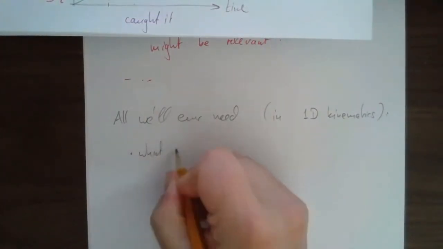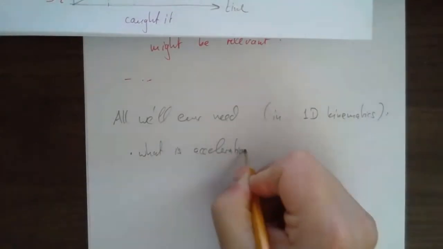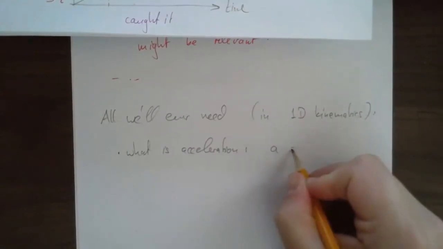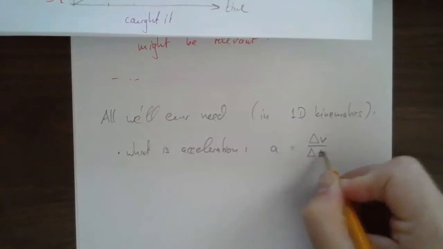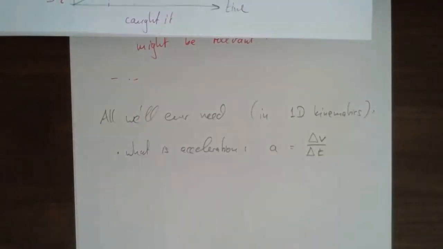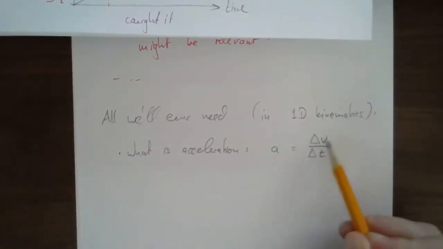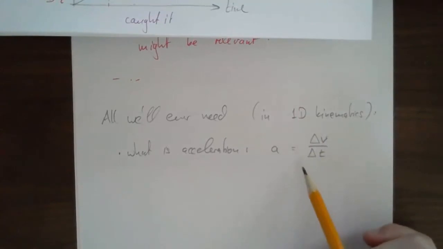What is acceleration, which is that a is the rate of change of velocity. Now I'm writing it down like this. I could have written it as a derivative. That would allow me to deal with non-constant accelerations.